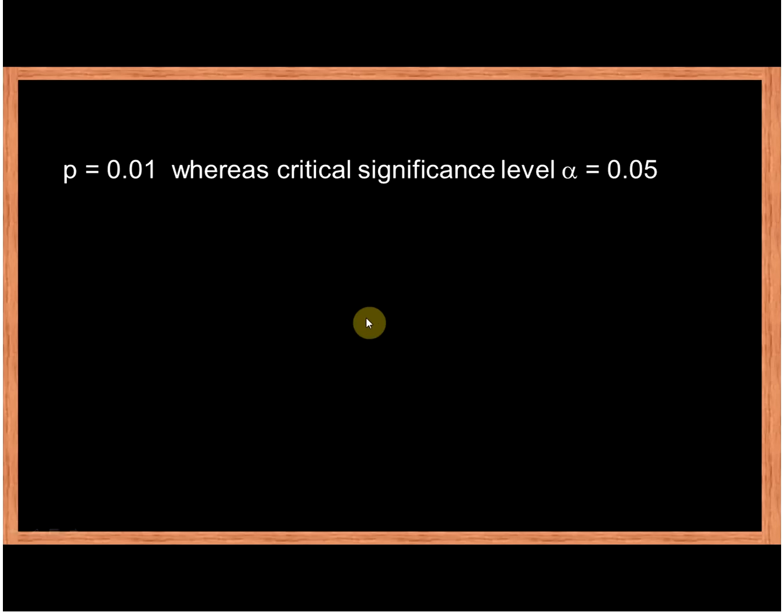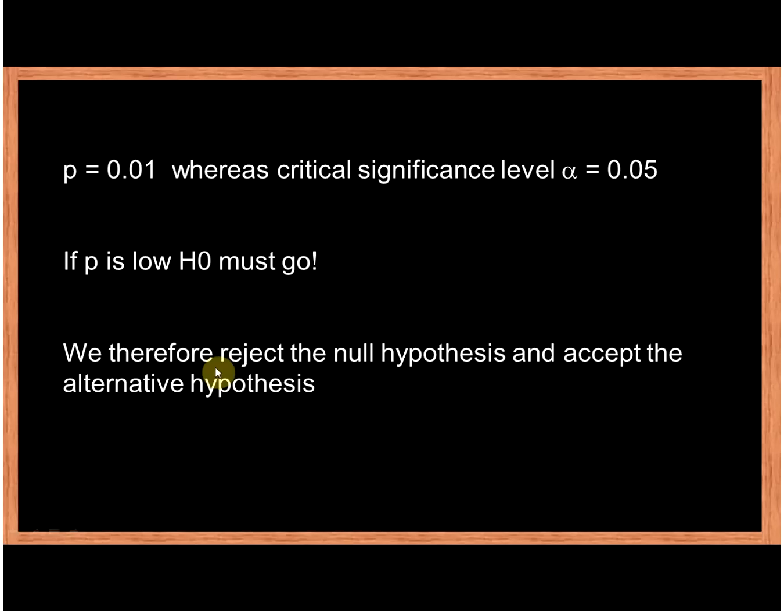Or we can say with this famous mnemonic, if p is low, H0 must go. Or in other words, we therefore reject the null hypothesis and accept the alternative hypothesis. So we cannot support H0.